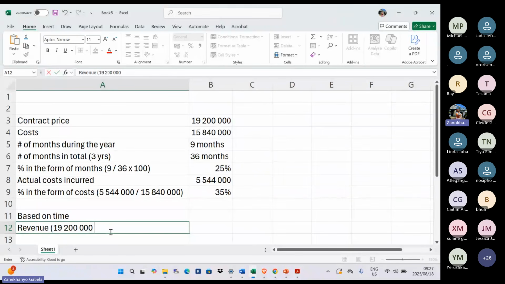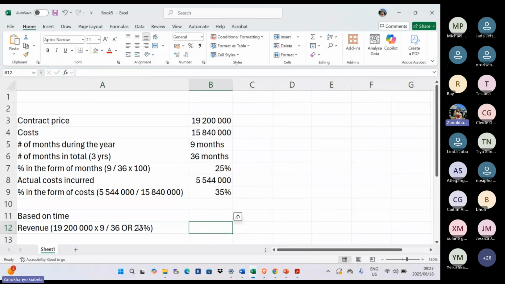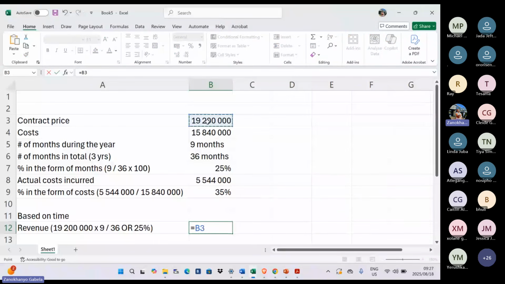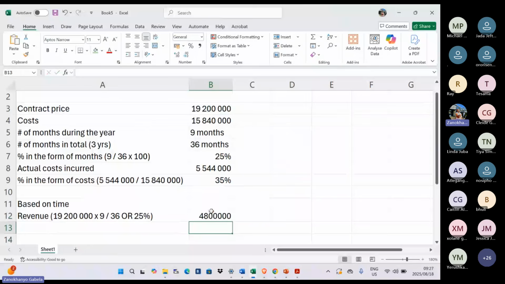Based on time, we have a percentage here, 25%. So multiply by 9 over 36, or 25%, whichever you like. That's 4,800,000. Perfect.